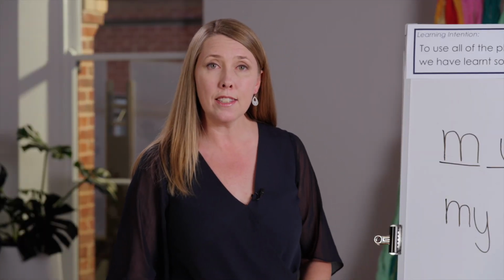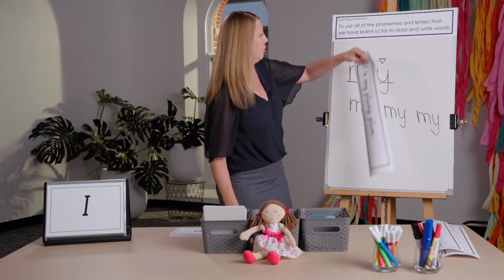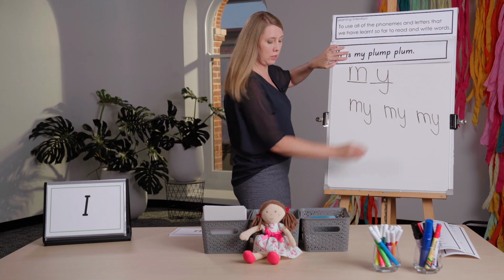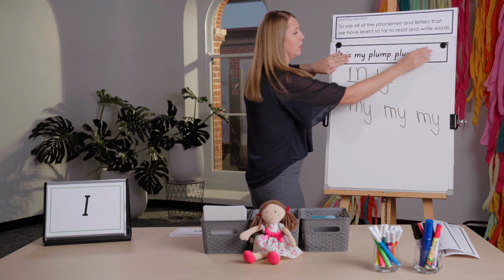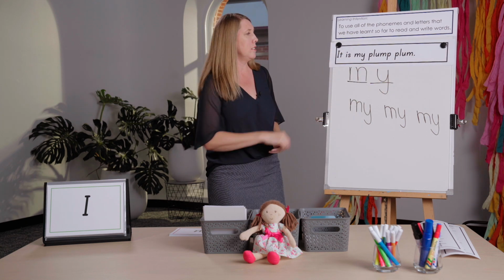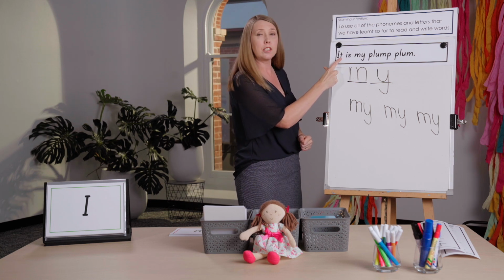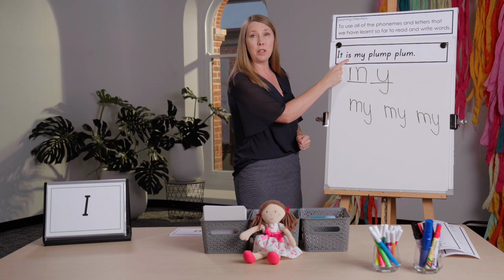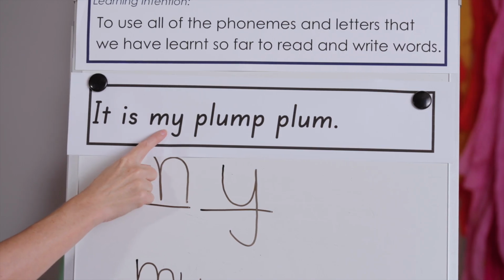Let's look at a sentence now that has the word my in it. Here's our sentence. Let's read it together. It. Here's our tricky word is. We know this one. We've learnt this one before. And remember, here is our new tricky word.